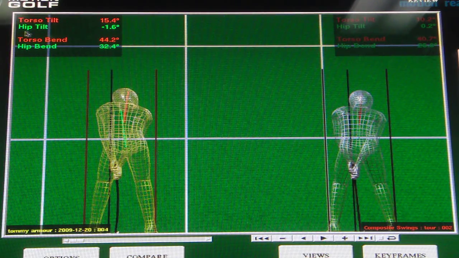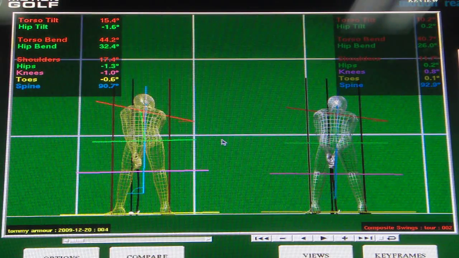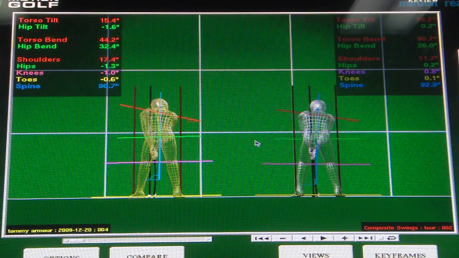Also, when you get into a negative hip tilt, typically the torso tilt gets a little bit too extreme, which in his case is probably about 5 degrees over the torso tilt of a PGA Tour player. Now, how that affects pain or injuries is your spine angle. If you look at the blue line, you can see that with the tour player on the right, the blue line is right through the middle of the skull, which means his spine is ideally matched to his torso.